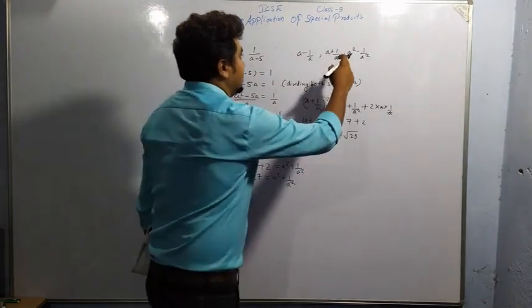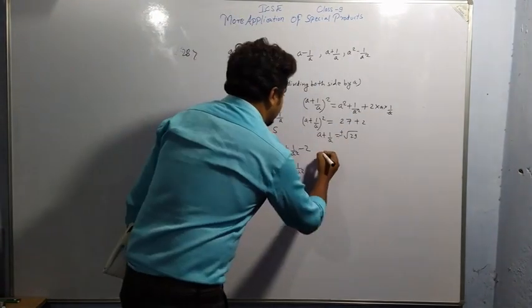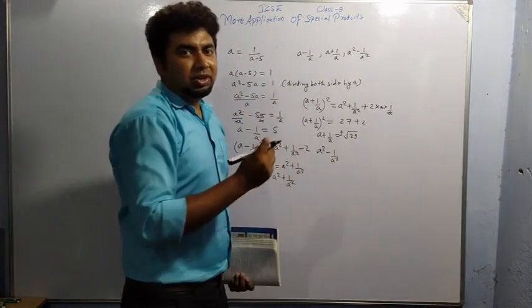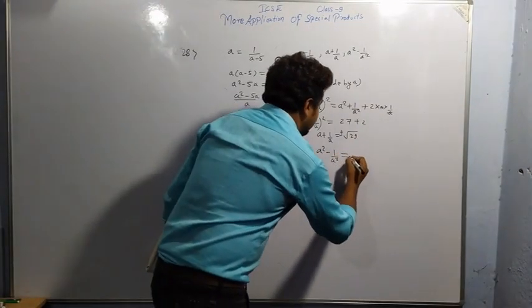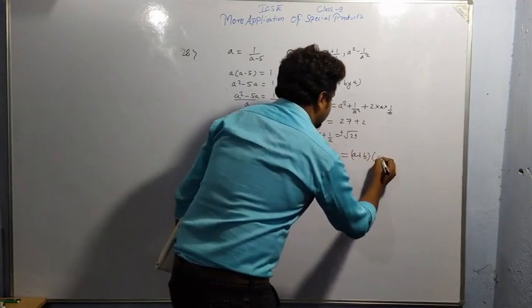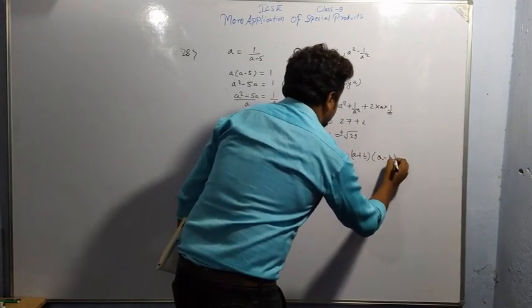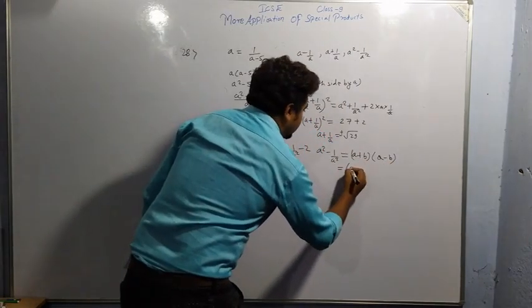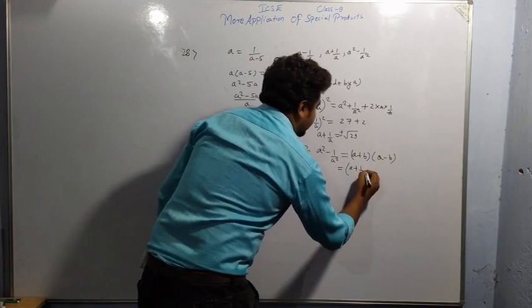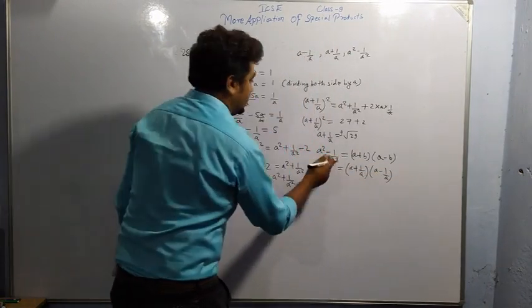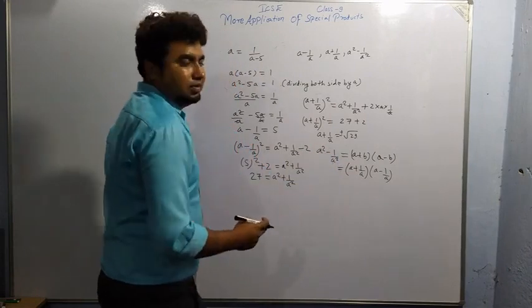Now a square minus 1 by a square. It is like a square minus b square, which we can write as a plus b into a minus b. Here we can write a plus 1 by a, and here a minus 1 by a, where b is 1 by a.